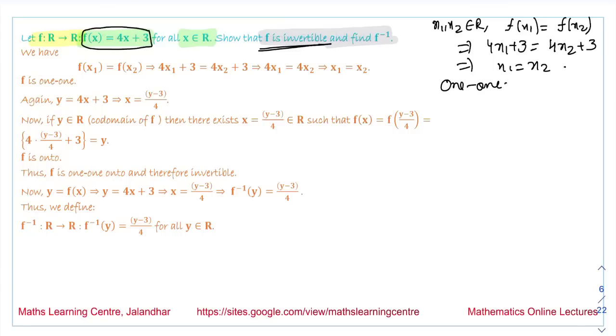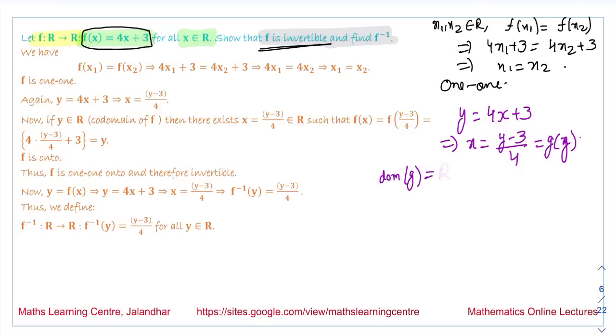Next we have to prove that this function is onto. So to prove this function is onto, we write y is equal to 4x plus 3. So this gives us x is equal to (y minus 3) by 4. So this is equal to some function g of y. Now the domain of g is equal to R. This function is defined for all real numbers, and this is equal to the range of f, and this is equal to the codomain of f.